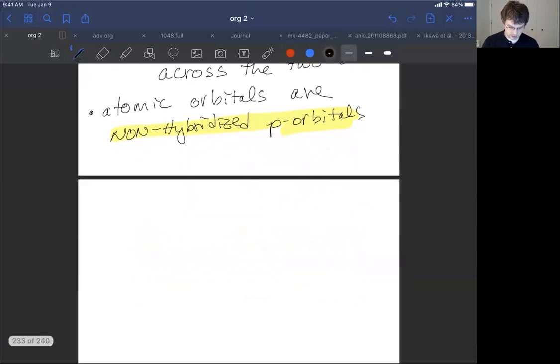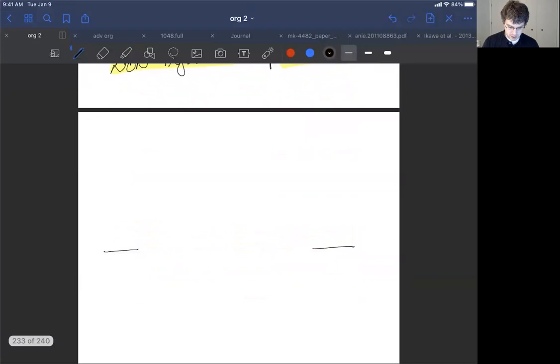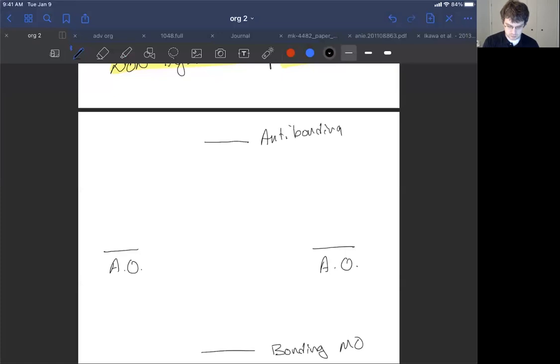Okay, so now we can build our molecular orbital energy diagram. It's going to look like this. These are going to be our atomic orbitals that come together in the middle to make our molecular orbitals, a high antibonding orbital and a low bonding orbital. We can connect them with these dotted lines.